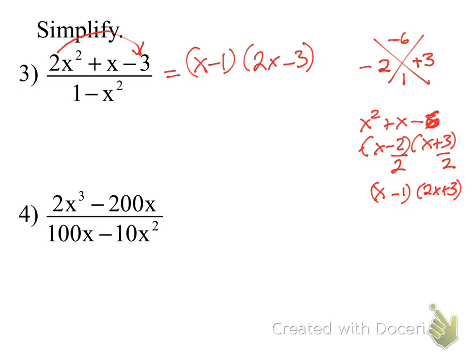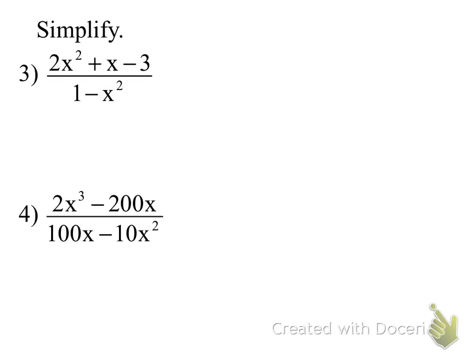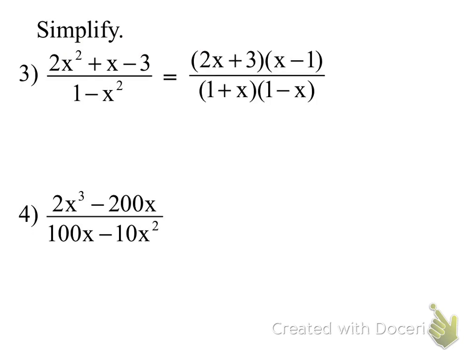Okay, I kind of do that off to the side, my factoring, because that was a little bit more in-depth. I couldn't do it in my mind. Isn't it 2x plus 3? Yes, sorry, plus 3. Okay, I'm going to erase my scratches and go right to it. Now, notice on the bottom, it factors to 1 minus x squared. Okay, what would I do now?